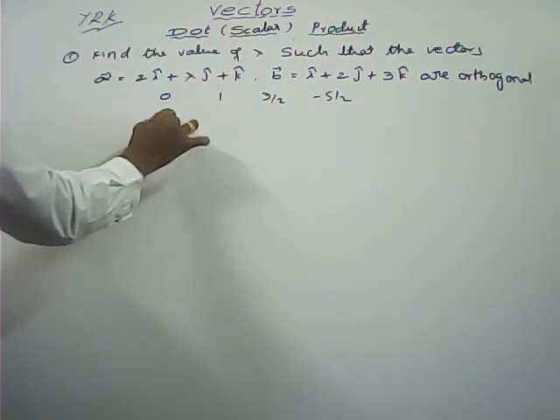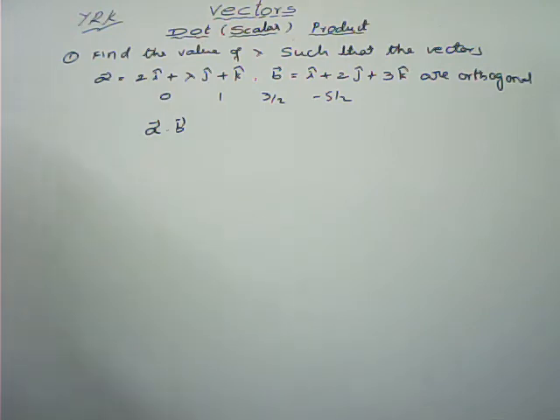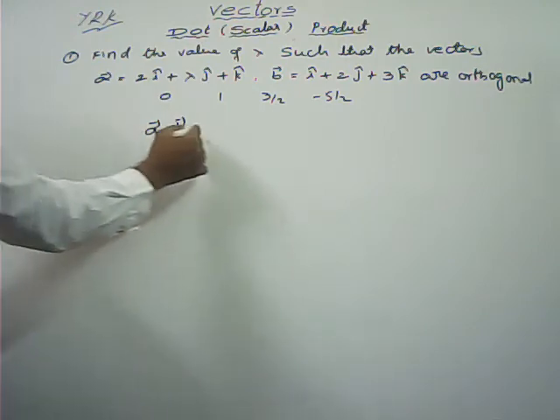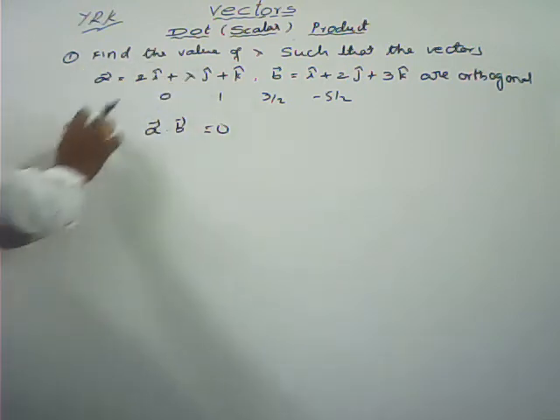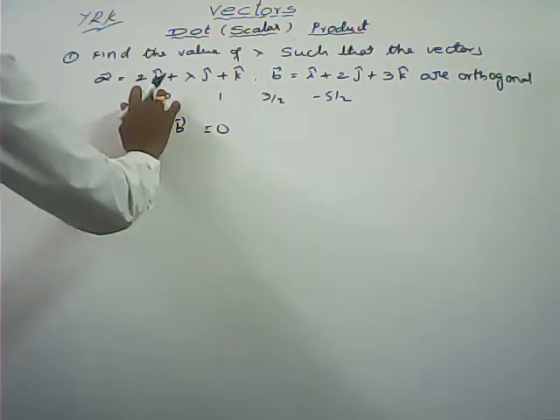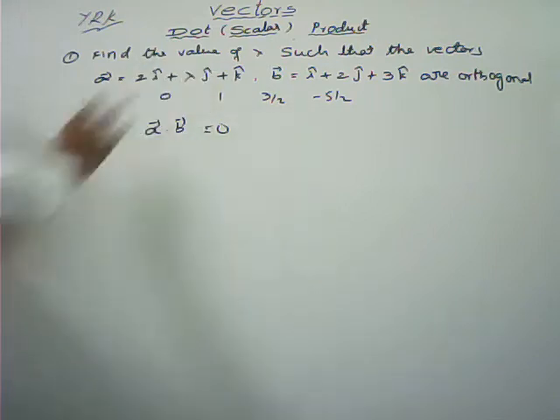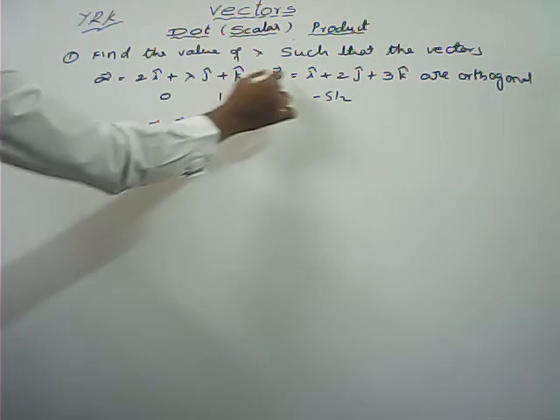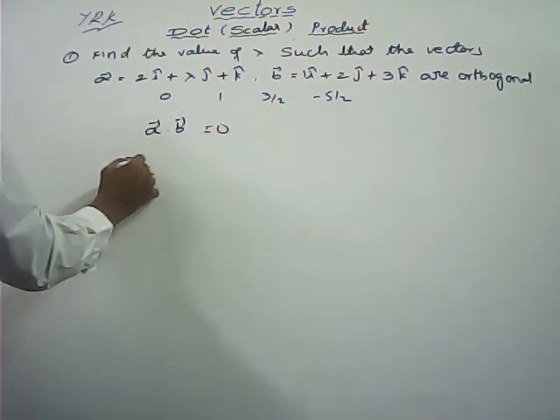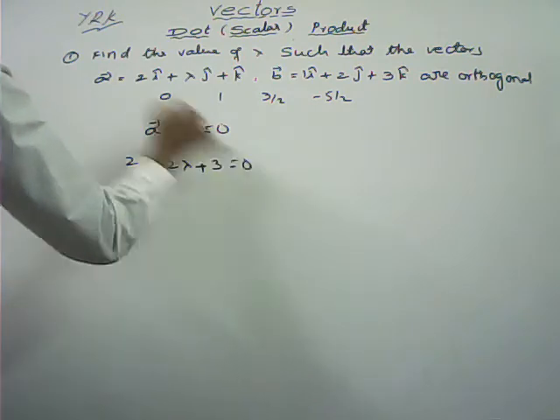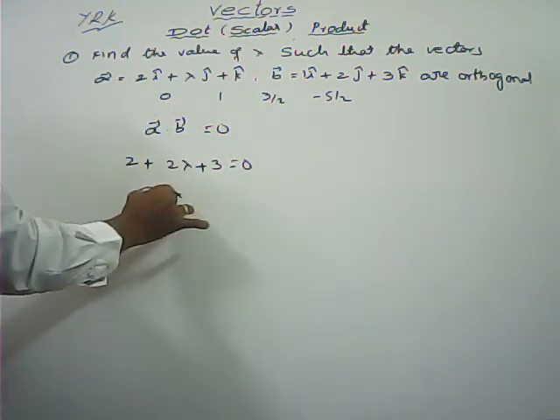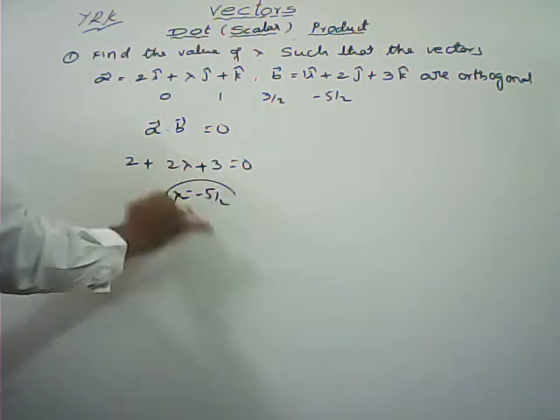First we can find a bar dot b bar, that is equal to 0, and in the properties I told you how to multiply. What is the dot product of these two vectors? Multiplying the sum of the products of corresponding coefficients only. 2 into 1, 2, plus 2 lambda plus 3, that is equal to 0. So lambda is equal to minus 5 by 2.